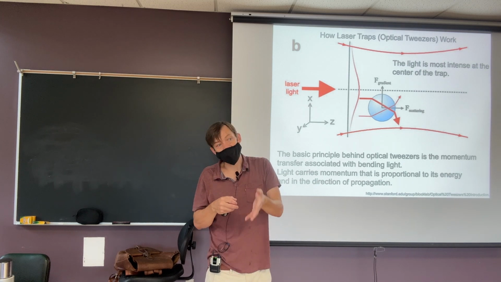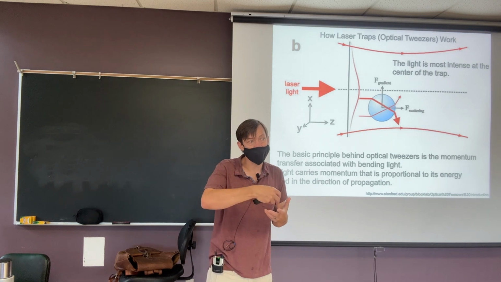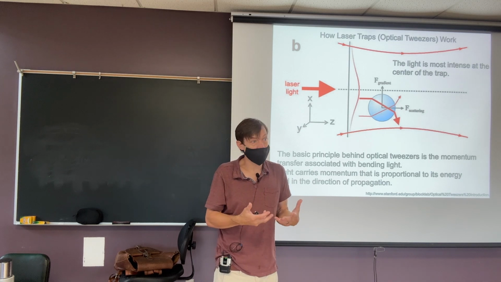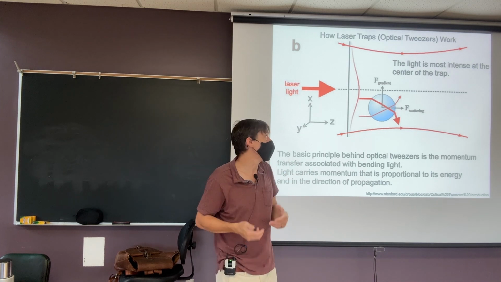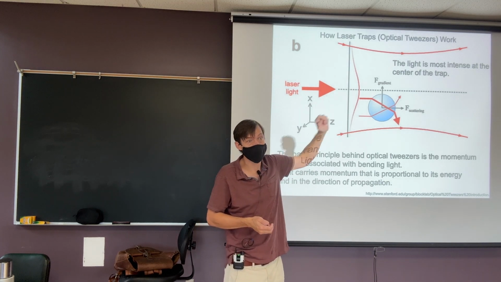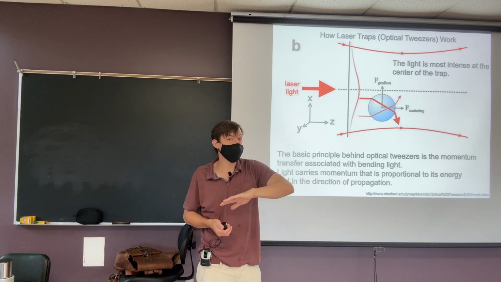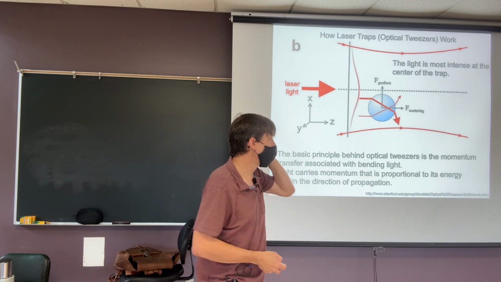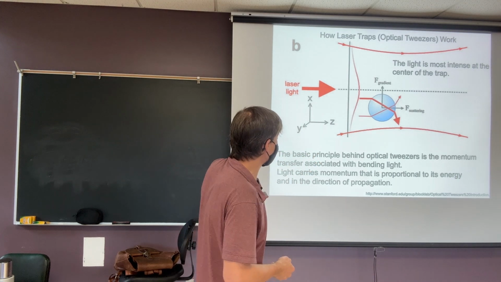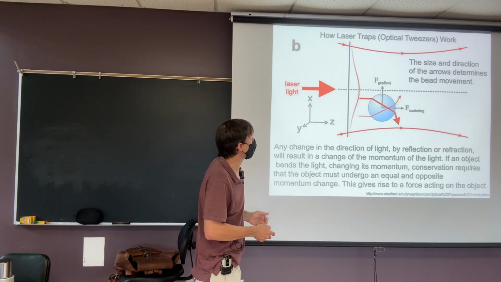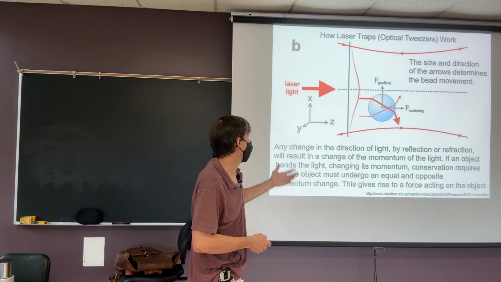Based on the viscosity and velocity, you can calculate drag forces for objects, and you can use that to calibrate these tweezers to very precisely measure molecular forces. So these are the optical tweezers, laser traps.